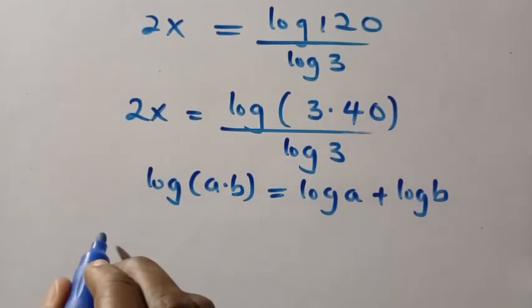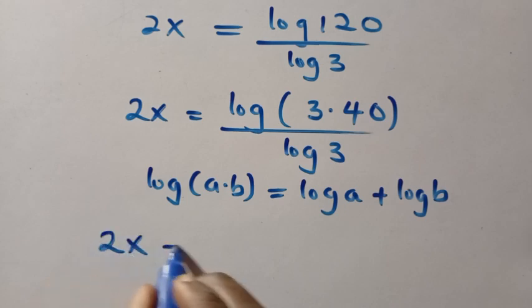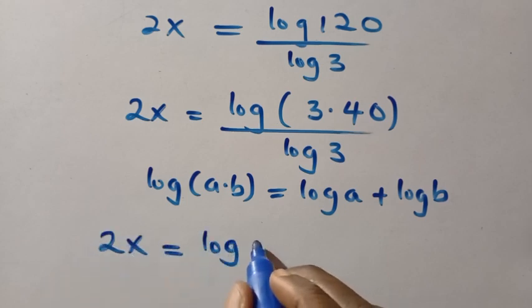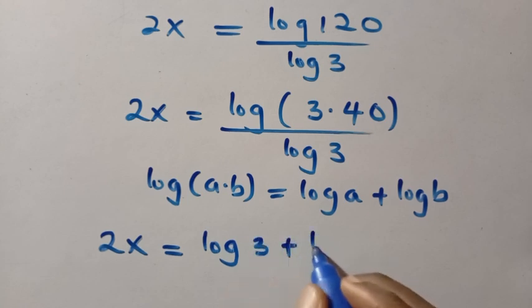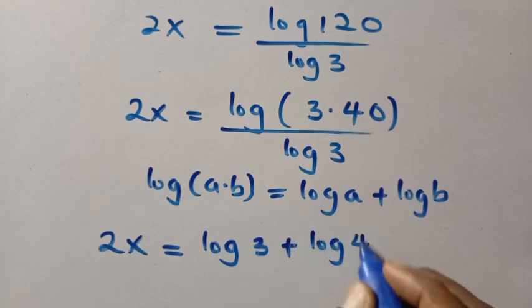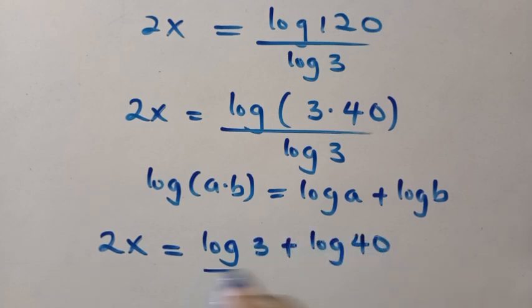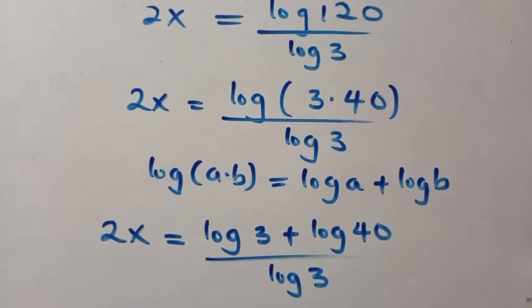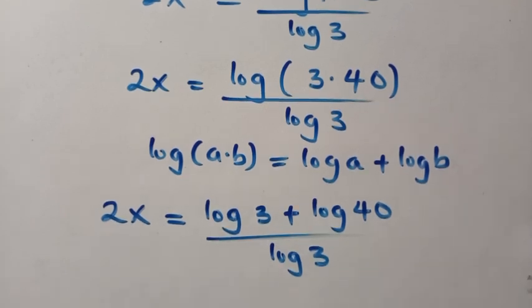As when we apply it, we have 2x equals log 3 plus log 40 divided by log 3. And let's try to divide this.